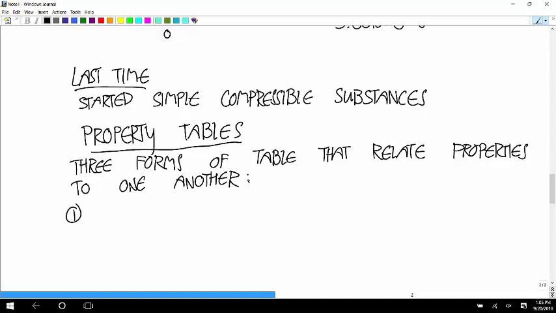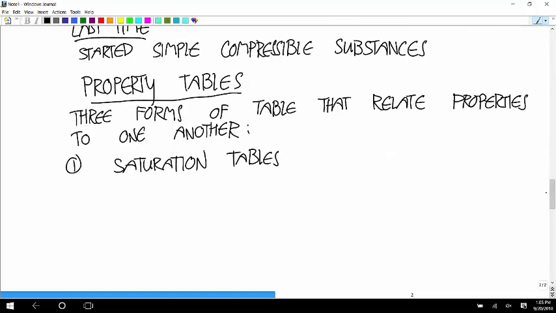The first are saturation tables. And there are going to be 2 separate ones. The first one is indexed by temperature.